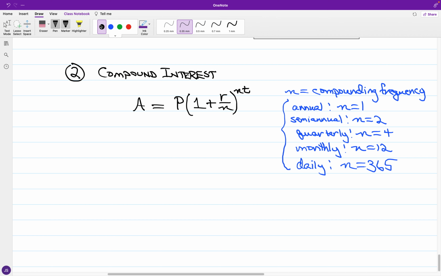And let's say that if you have just an example of compound interest where you're looking at determining the future value.